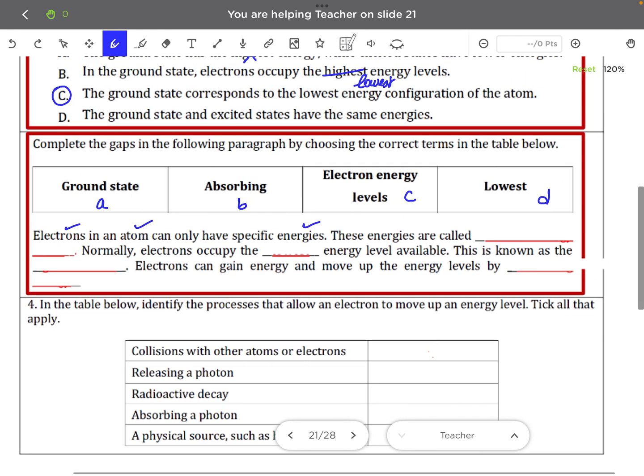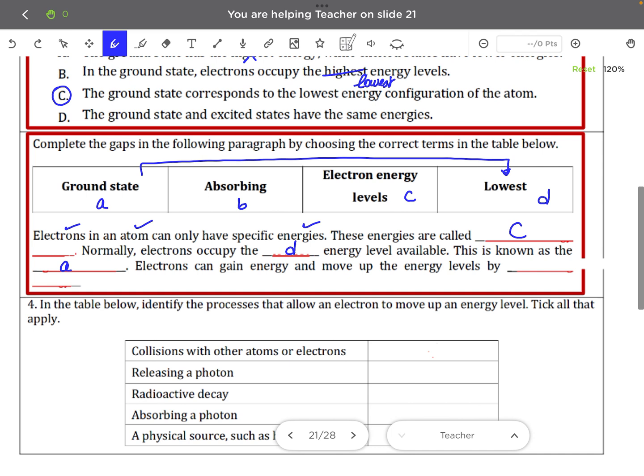These energies are called electron energy levels, so I'll put C. Normally, electrons are in the lowest energy level available. This is known as the ground state. So this one has the lowest energy level.